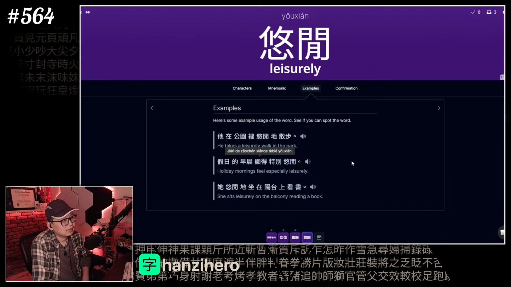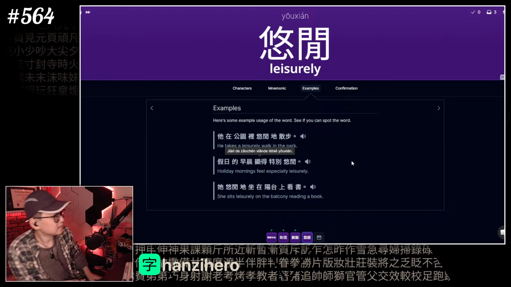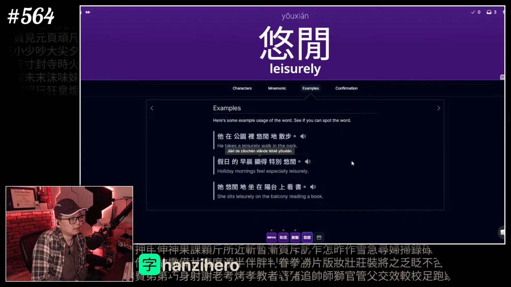Okay, like feels more or less, feel especially leisurely. Yeah, 特别. And early morning, oh, it's 早 not 早晨. I might have messed up the initial there. 假日, oh it is 假日. Dang it, I was 50-50 on the 假.